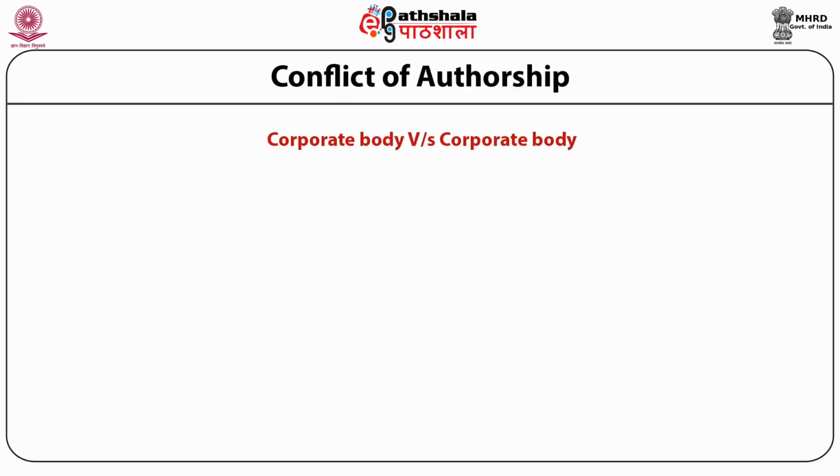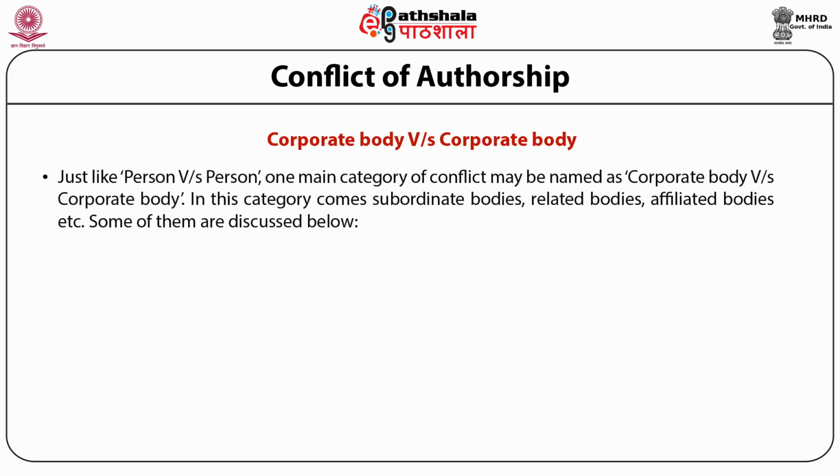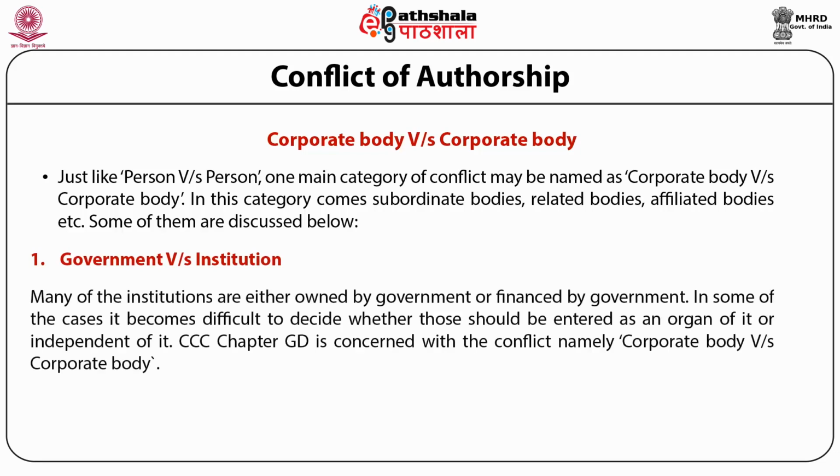Corporate body versus corporate body. Just like person versus person, one main category of conflict may be named as corporate body versus corporate body. In this category come subordinate bodies, related bodies, affiliated bodies, etc. Some of them are discussed below. Government versus institution. Many of the institutions are either owned by government or financed by government.